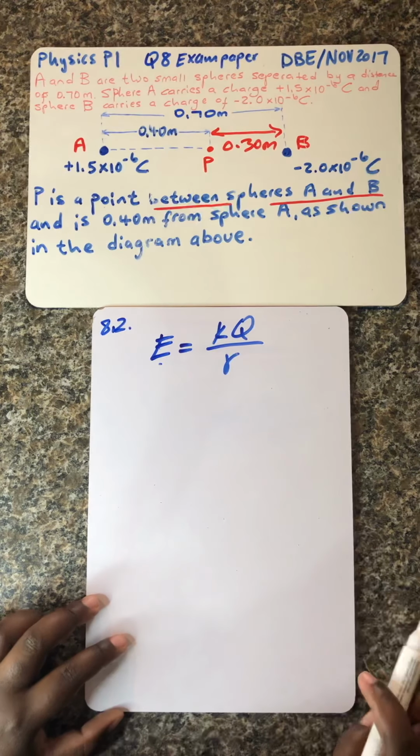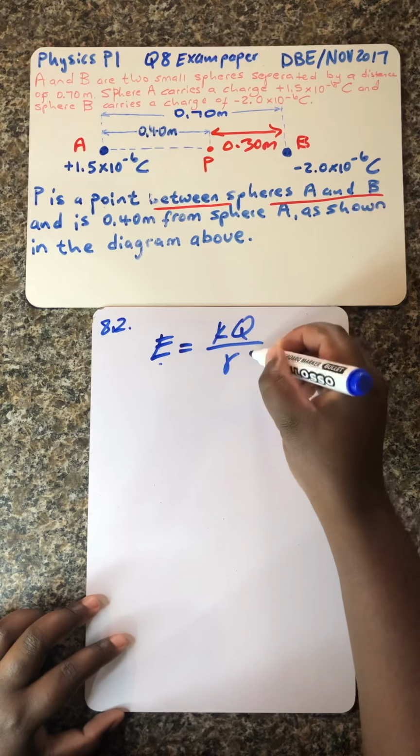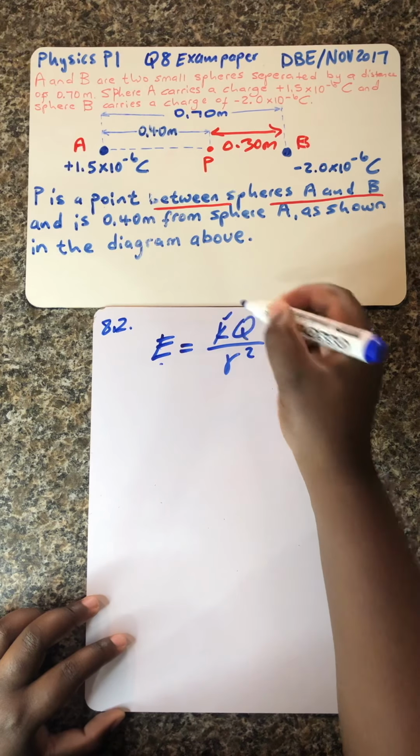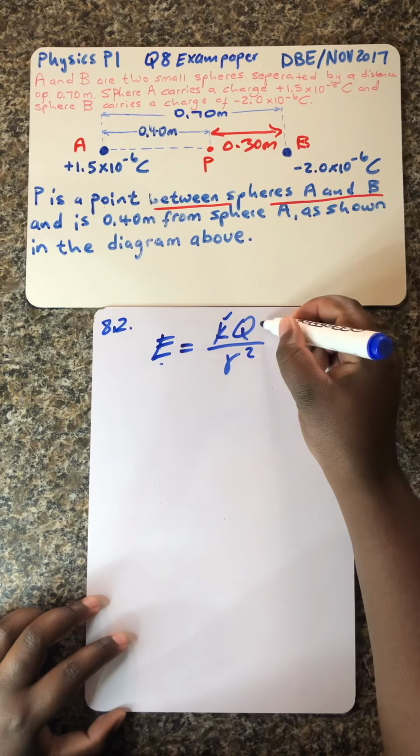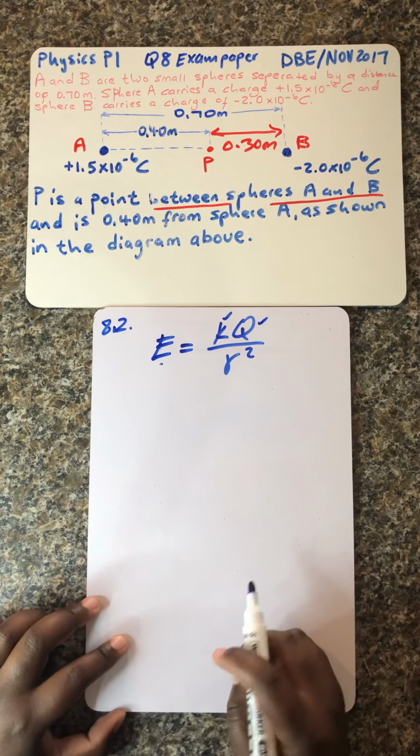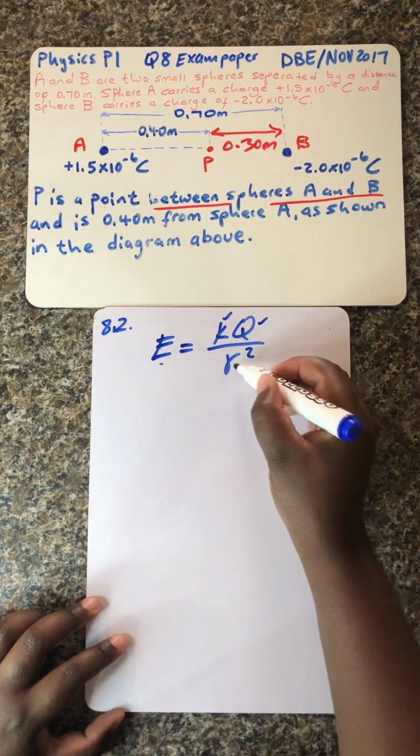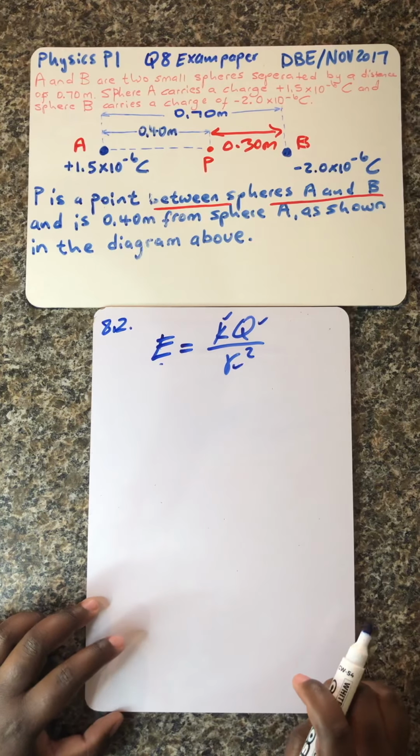Why specifically this formula? It's because I've just shown you that we've got the constant which is given. We're given the charge from the statement, and we also have the distance.